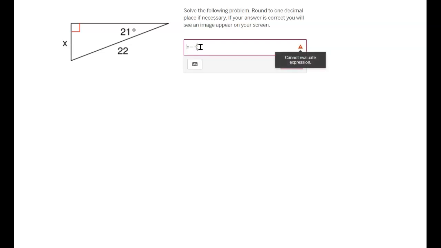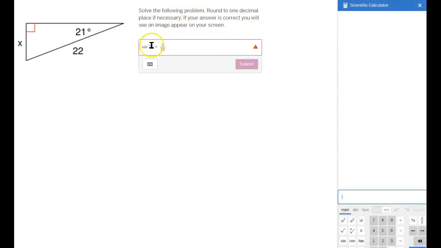So let's go ahead and fill in our blanks. We're going to say sine is 21. Opposite is x. That's the measure I'm trying to find. And the hypotenuse is 22. Let's go ahead and cross multiply. So we're going to cross multiply sine 21.